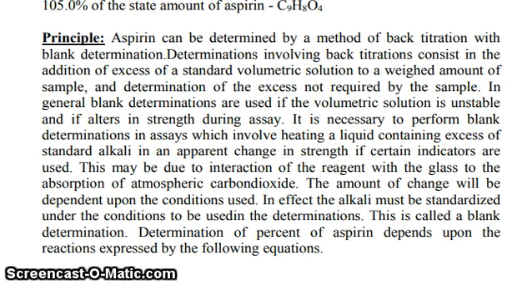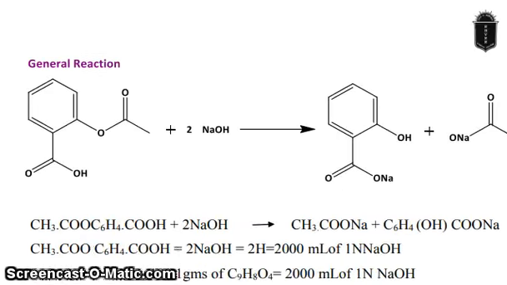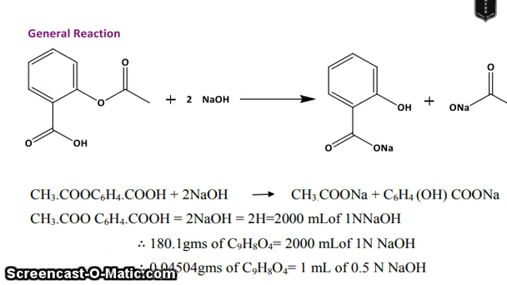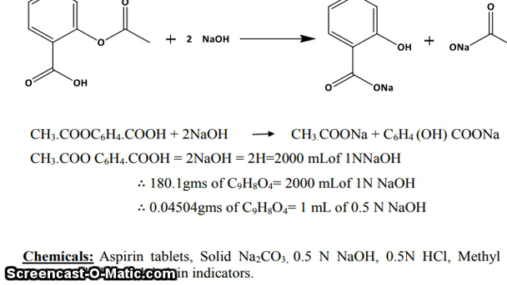Determination of aspirin depends upon the reaction expressed by the following equations. You can see this is the general reaction. Aspirin reacts with sodium hydroxide to give these two products. So 180.1 grams of C9H8O4 is equal to 2000 milliliters of 1 N NaOH, and 0.04504 grams of this is equal to 1 milliliter of 0.5 N NaOH.